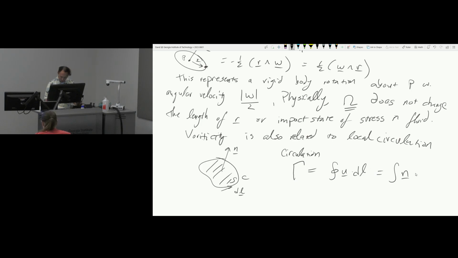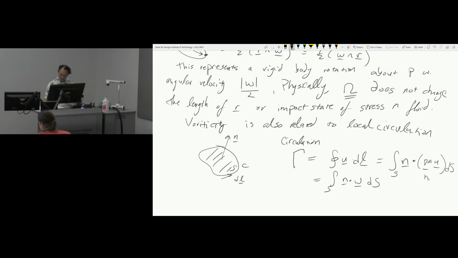As you know from the divergence theorem, this definition of circulation can be written as n dot the curl of the velocity, and that can be written as n dot omega dS. Okay. This is by Stokes' theorem.